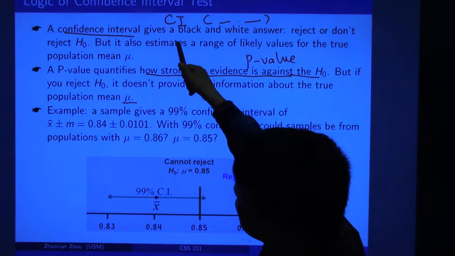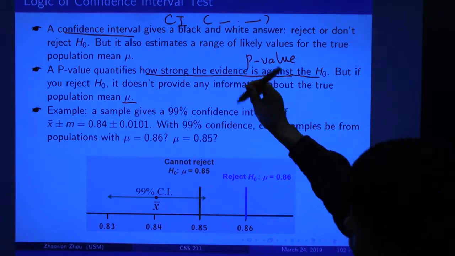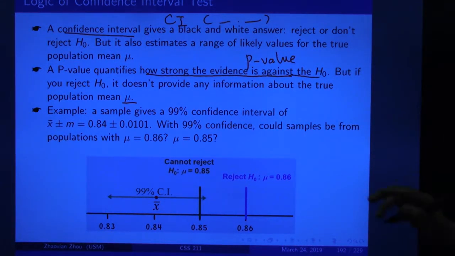And for the confidence interval, we are given an estimate of the range of the population mean, but we don't know how strong the evidence is. So we can see these two, confidence intervals and p-values, focus on different characteristics. But they are, in some sense, related.